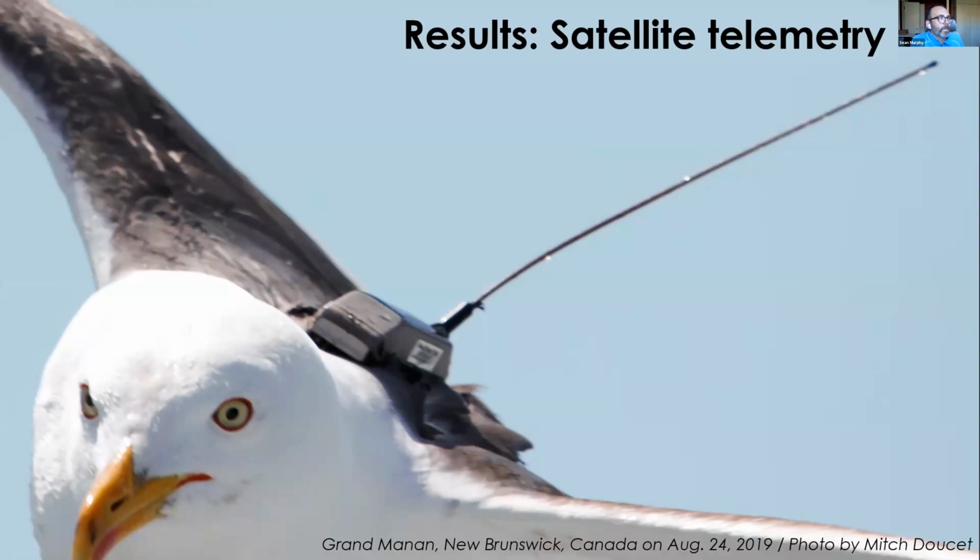So a little bit of the initial results of the satellite telemetry. One of the best things that I have to note is if you look in this caption, Mitch Doucette, a birder and photographer, was on an offshore birding cruise off the coast of New Brunswick and took a bunch of pictures of a lesser black-backed gull milling around in late August. Turned out it had a transmitter.